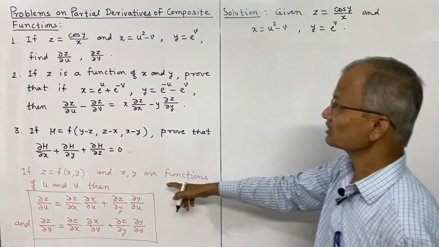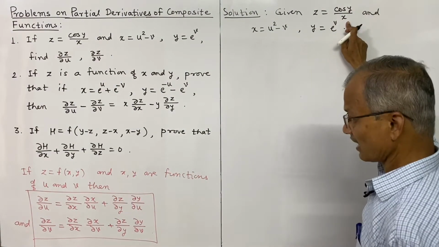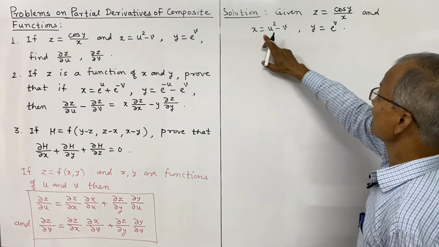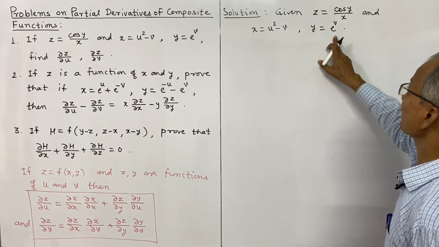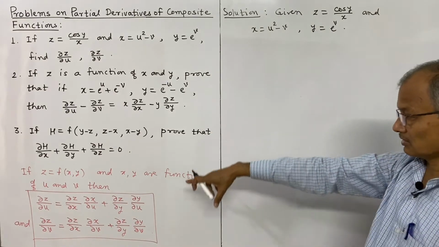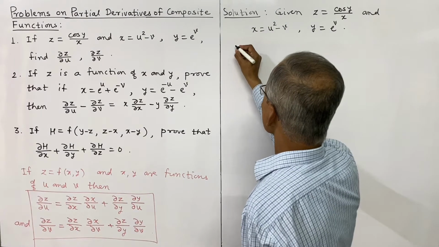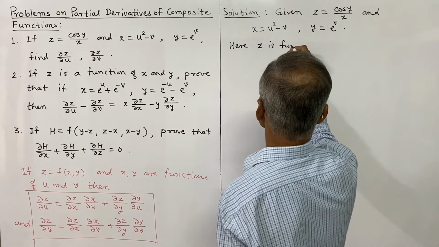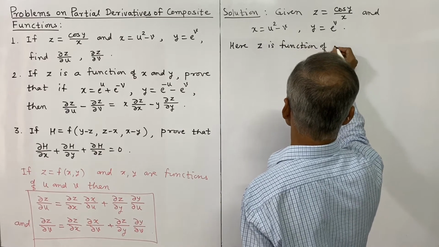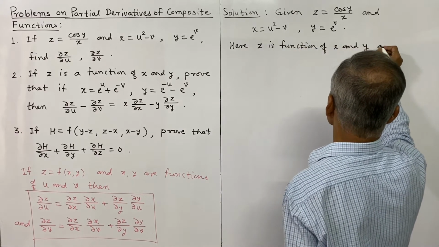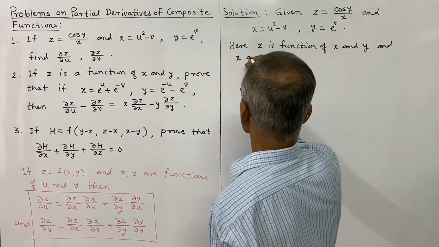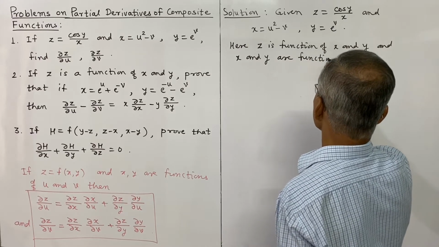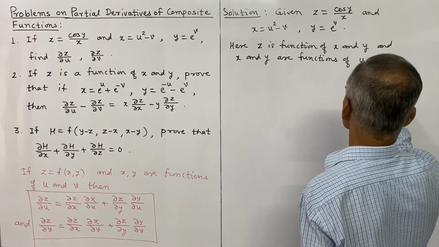So it is exactly of this type. z is a function of x and y, and then further x and y both are functions of u and v. x is a function of u and v, y is a function of u and v, and therefore we shall use the chain rule. So here z is a function of x and y, and x and y are functions of u and v.